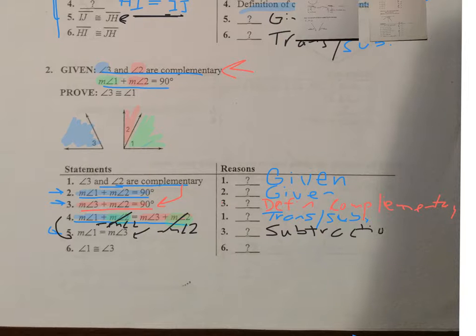Okay, so now I'm down to the measure of angle 1 is equal to the measure of angle 3. And just like above, I'm at that step where I go from an equal sign to a congruent sign. On top, we did it vice versa. We're going from an equal to a congruence, or if we're going from a congruence to an equals, all we say is, well, that's the definition.